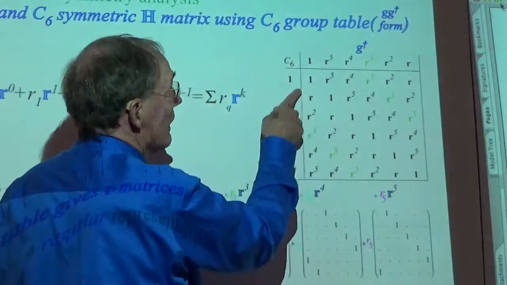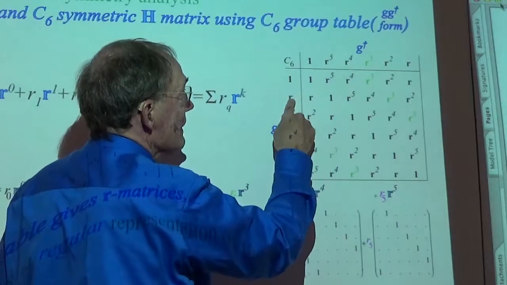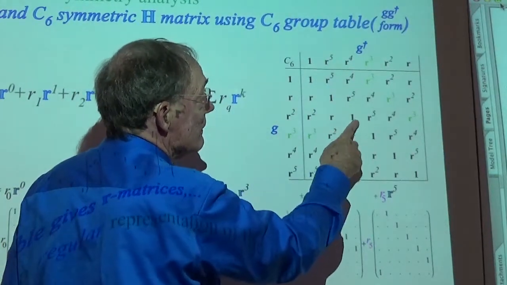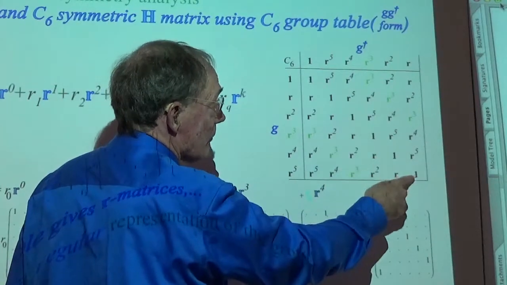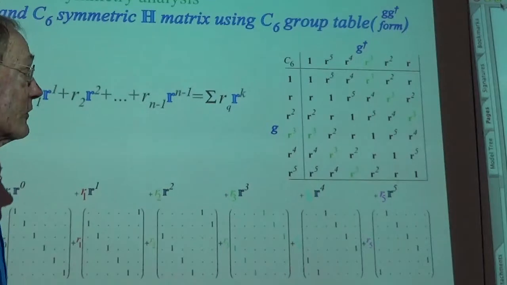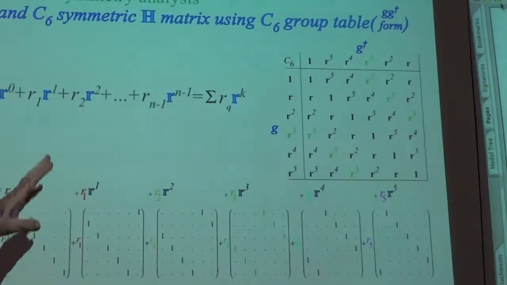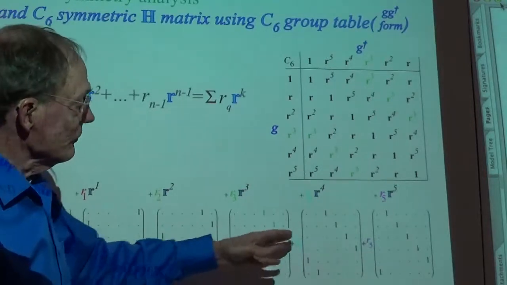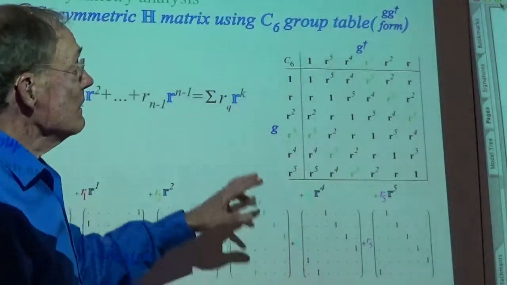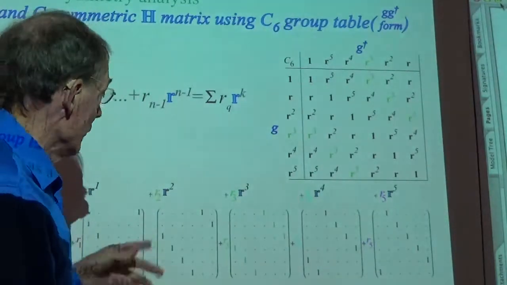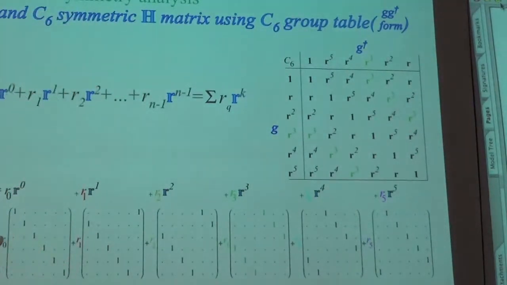So that every time I multiply something by its inverse, I get a 1 on the diagonal of the group multiplication table. So that means that I'm setting this up so that I can read the regular representation, all 6 matrices that obey this group table for the elements, 5 elements besides the identity.